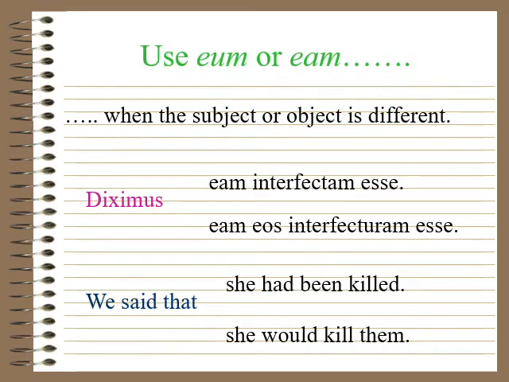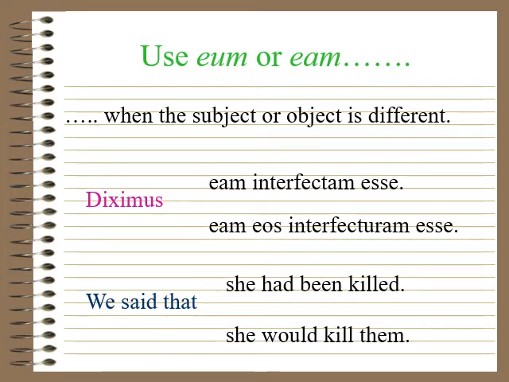Now, another one, if you have eum or eam, basically when the subject or the object is different. So let's say we have we said, diximus, that she, eam, interfectam esse, had been killed. Notice that is passive, and it is perfect passive.